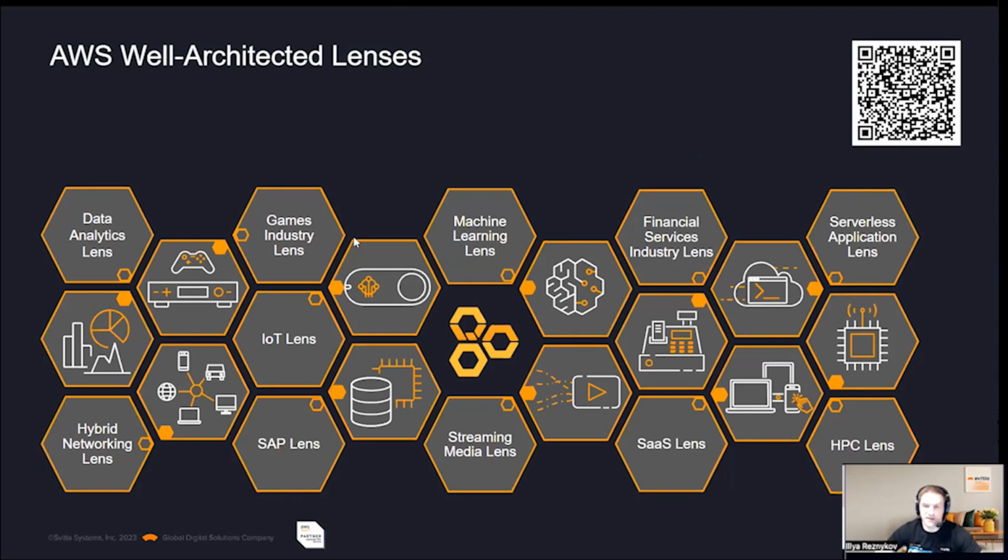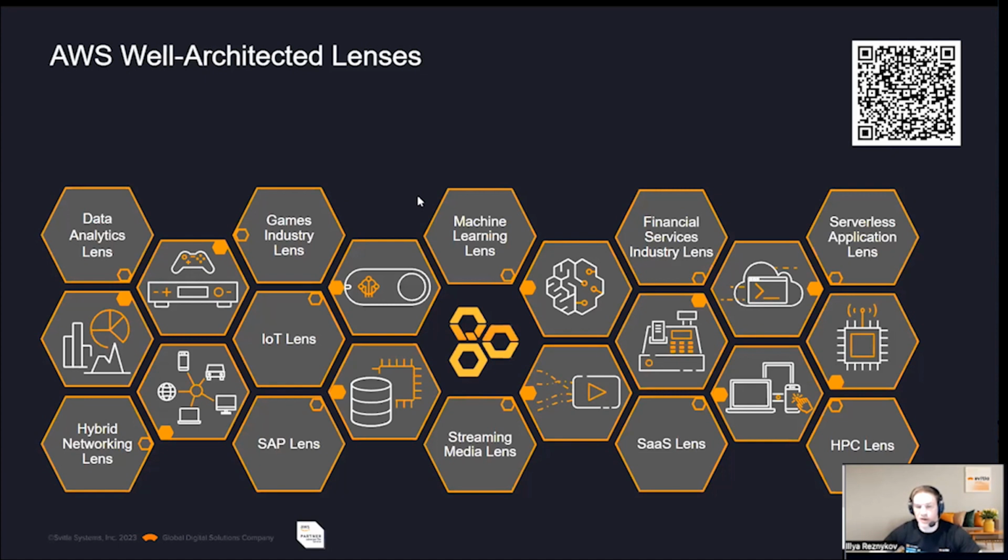As examples of specific industries, we could mention the gaming industry lens and the financial services industry lens. As technology domains, we could mention the serverless applications lens, the IoT lens, and, for example, the SaaS lens. So what is the purpose of lenses as an add-on for the Well-Architected Framework?